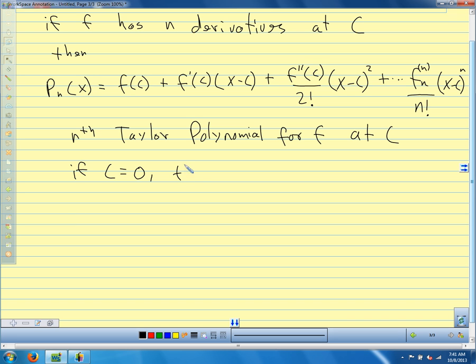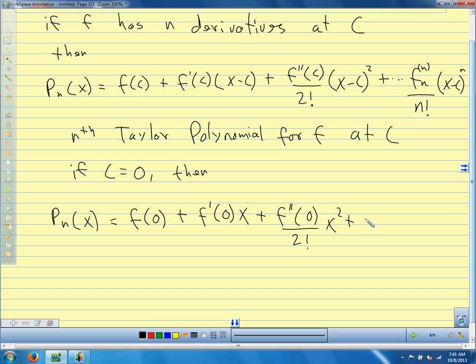Then p sub n, our expansion, is just f of 0 plus f prime of 0 times x plus f double prime at 0 over 2 factorial times x squared plus dot dot dot plus the nth derivative at 0 over n factorial times x to the n. And this is the nth Maclaurin polynomial.